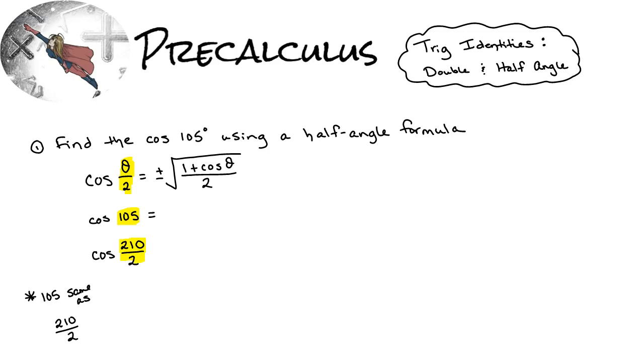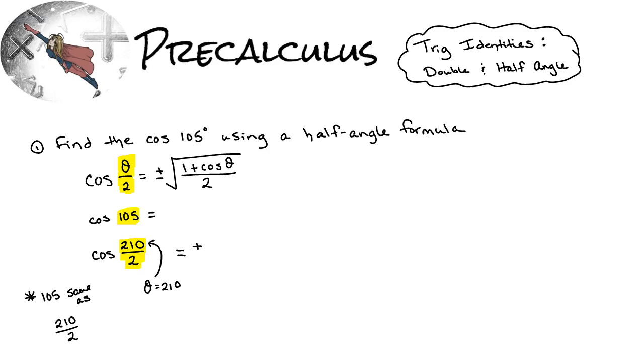So we have 210 over 2, which is the same as 105, which is better for us because now it looks like theta over 2. And so the nice part about this is that the 210 is the theta. And 210 is an angle that we know lots of things about because it's in one of the special triangles.